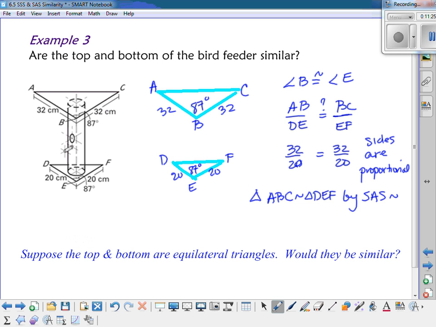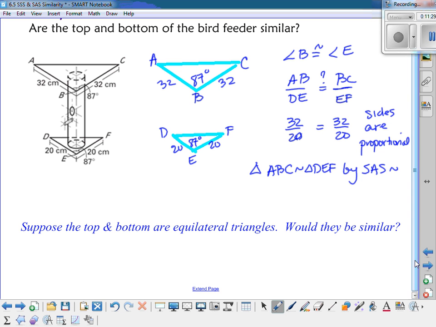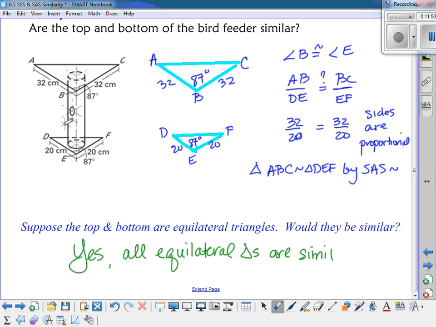So suppose the top and bottom were equilateral triangles. Would they still be similar? The answer to that is yes, because all equilateral triangles are similar. You know that all equilateral triangles are similar because they all have 60-degree angles.